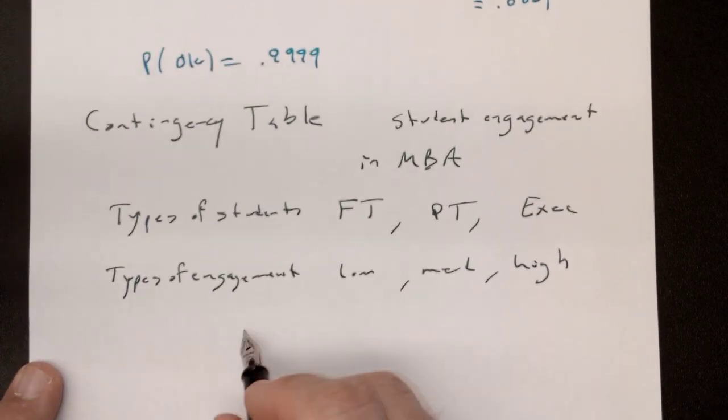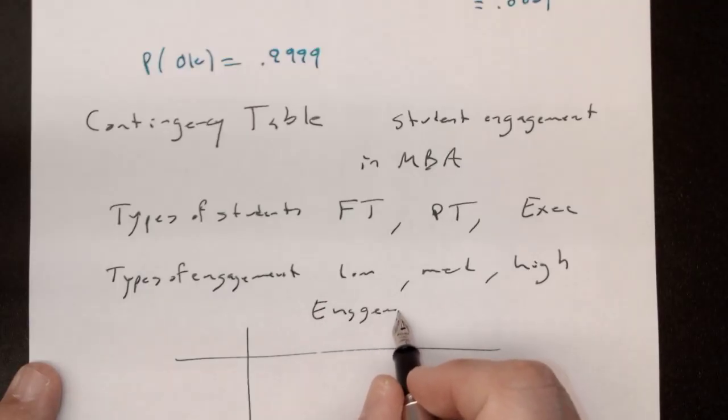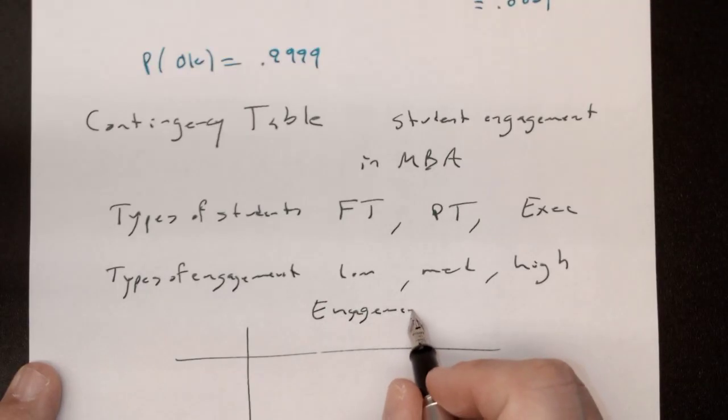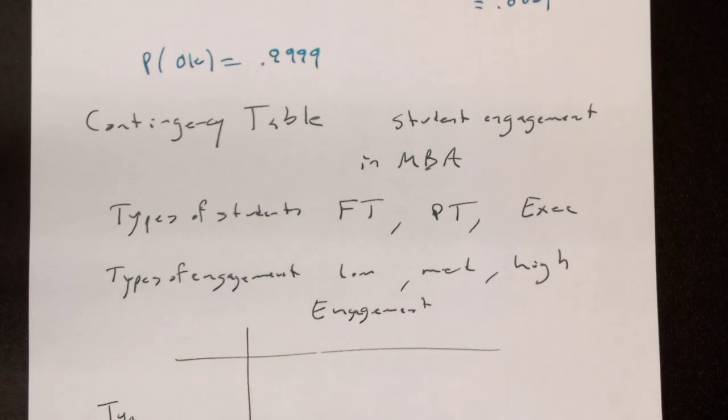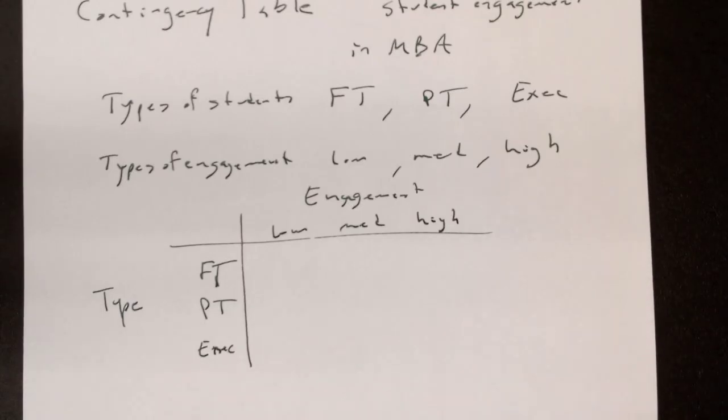We'll put engagement across the top and type over here. And then I'm just going to count how many are in each group. I'm going to make a table of that information.